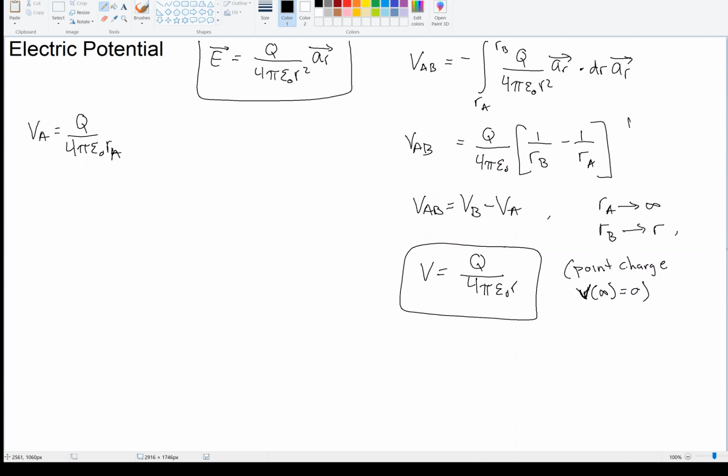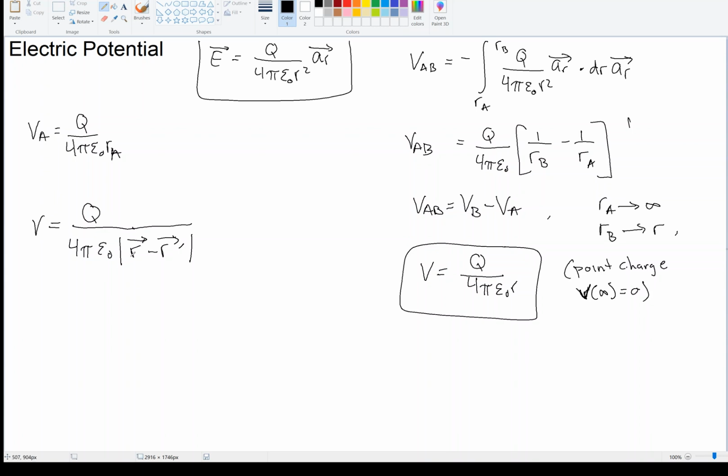Now, before that, if a point charge is not located at the origin, so this was a point charge at the origin, but instead is at a position vector r prime, then the potential at position r is given by this thing here, V equals Q over 4 pi epsilon 0, and then we take the difference, unsurprisingly.